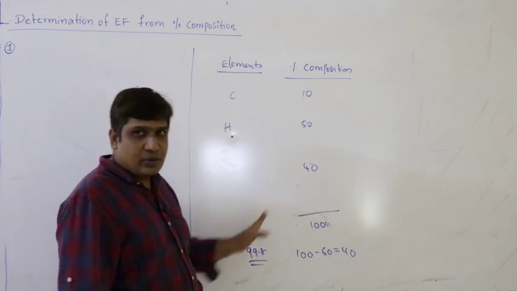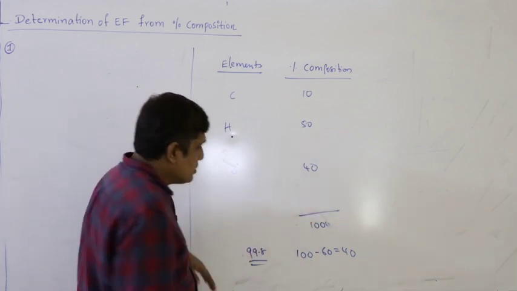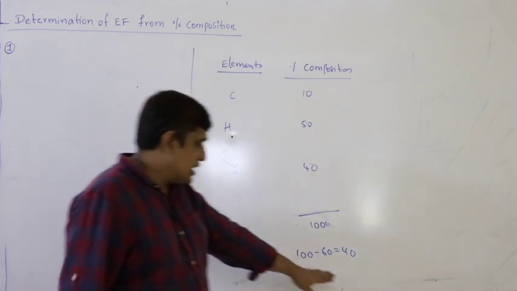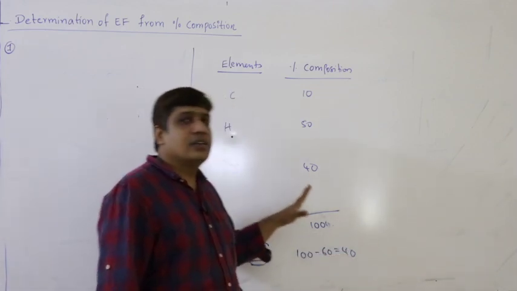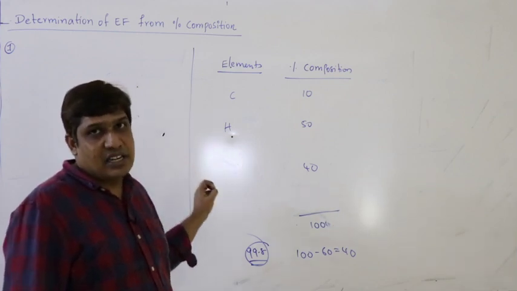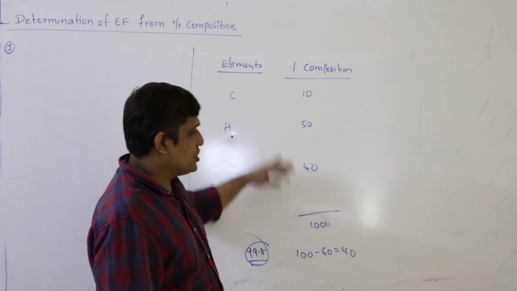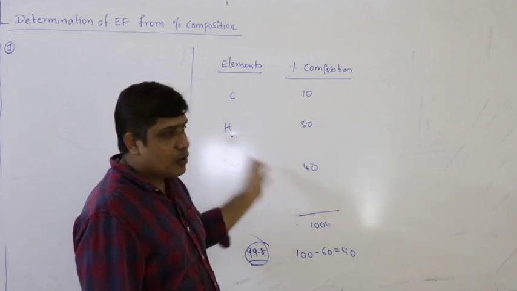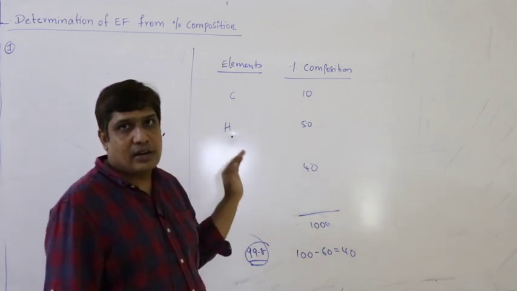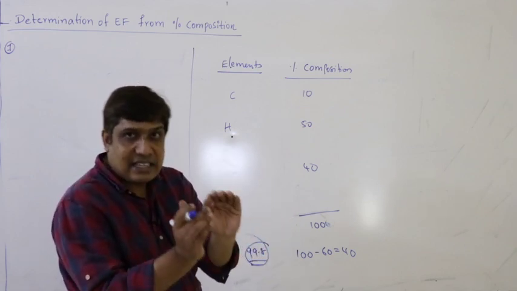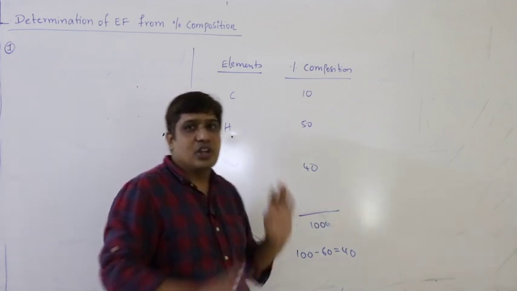So you cannot write 0.2% of oxygen. It is nearest to 100. If there is considerable difference like 10, 15, 20, then that value should be taken as percentage of oxygen. Anyway, write the percentage composition, add. If it is 100, go for the next step. If it is not equal to 100, subtract the obtained value from 100, assign this value as percentage composition of oxygen.